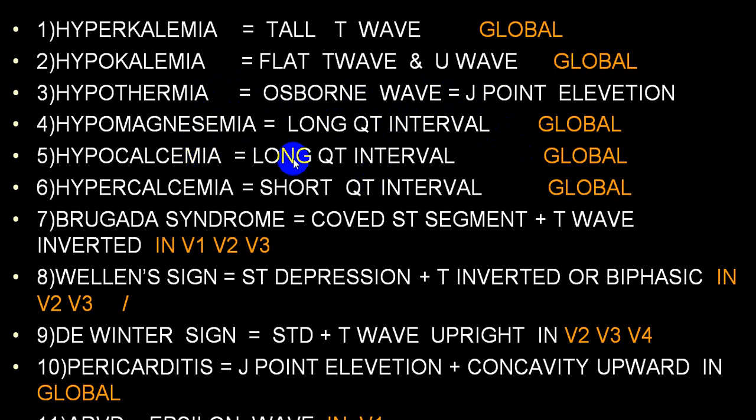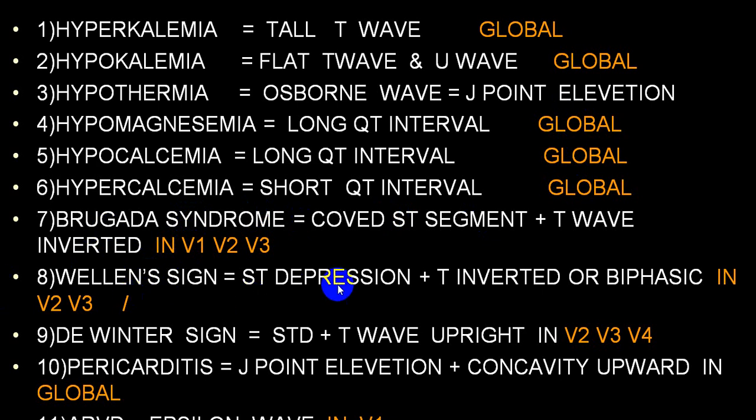Hypocalcemia will produce long QT, while hypercalcemia will have a short QT, and these produce what we call global changes. Brugada sign is ST elevation, or what we call early repolarization, a curved up ST segment with T wave inversion in V1, V2, V3.